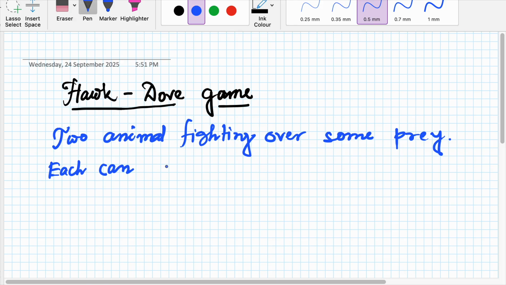Each can either be passive, which is characterized by the dove strategy, or be aggressive.